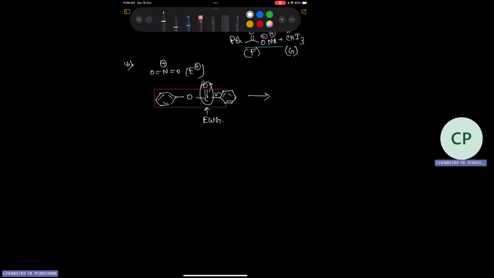So already this benzene ring has less electron density. That's why the electrophile NO2 plus can't attach at this position. But here this oxygen can donate electrons, right? So if it can donate the electrons, we will get this product.